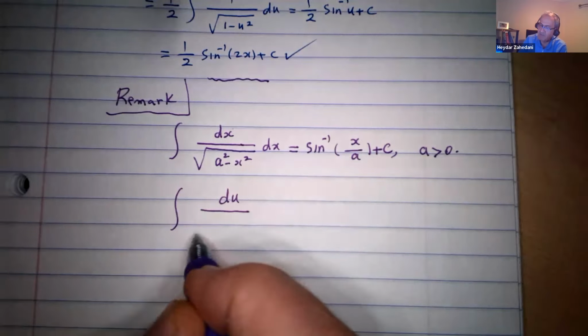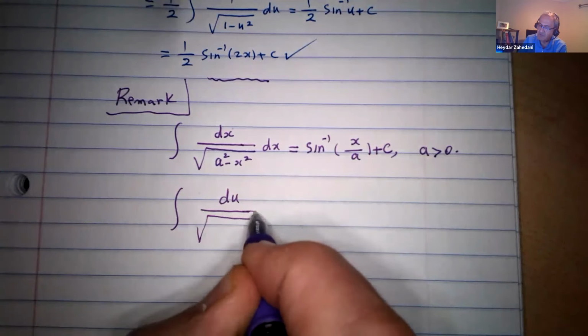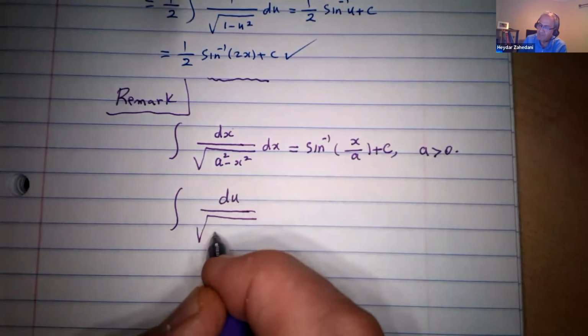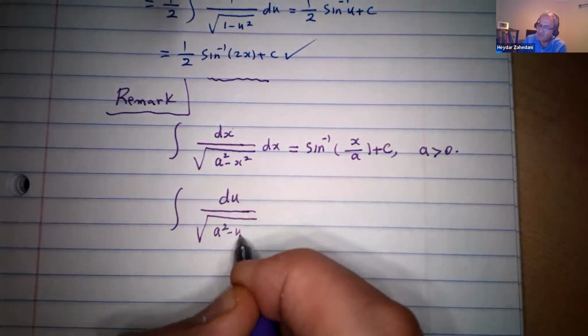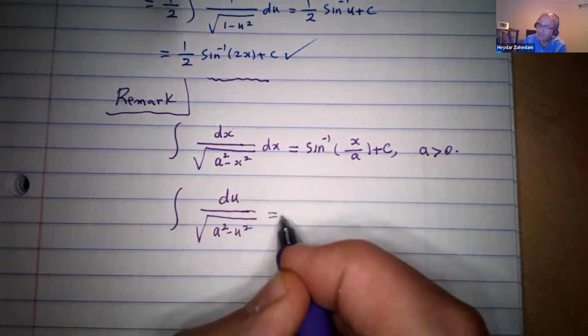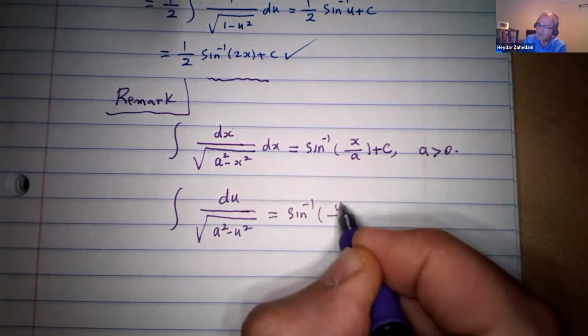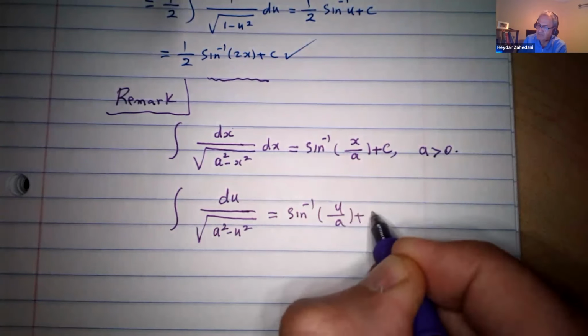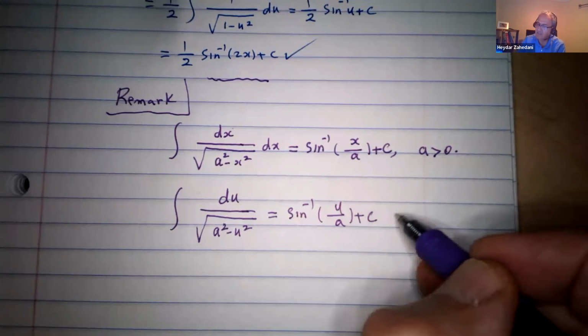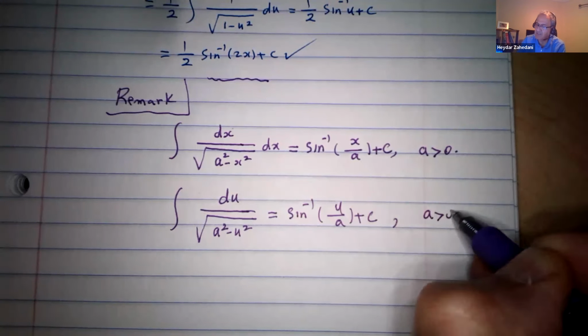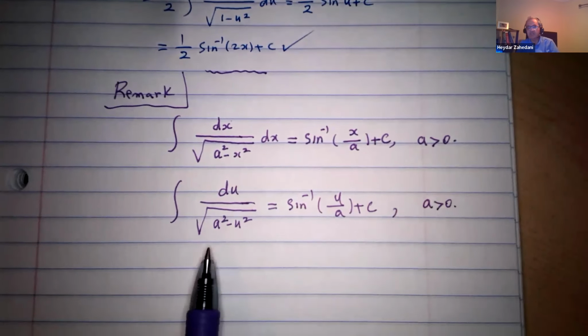You can have the du, and this is going to be the square root of what? It's going to be a squared minus u squared. It's the same thing that gives you sine inverse of u over a plus the constant c. Of course, this a is positive because you have to take the square root of the a squared. So you may get a positive negative solution, but we're just checking one solution only.